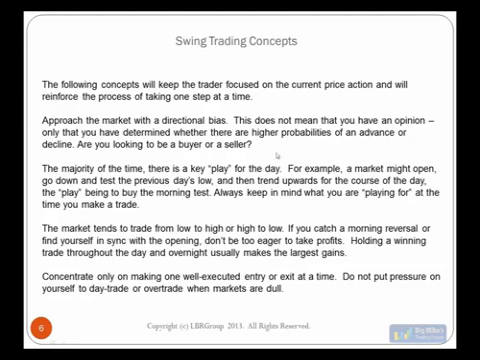When I do my homework at night, I'm always approaching the market with a bias. Do the odds favor a high to low day or a low to high day? Because as a shorter term trader, the most important thing for you should be the trend for the day. Okay, and the trend for the day is always measured off of the opening price.